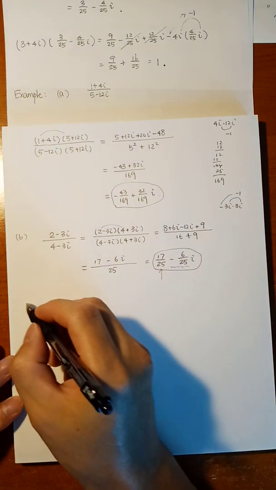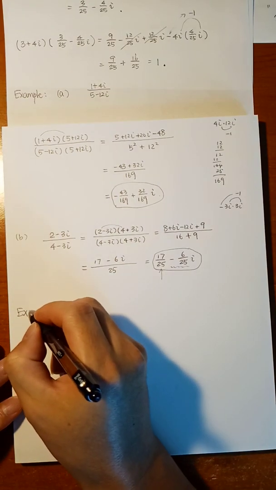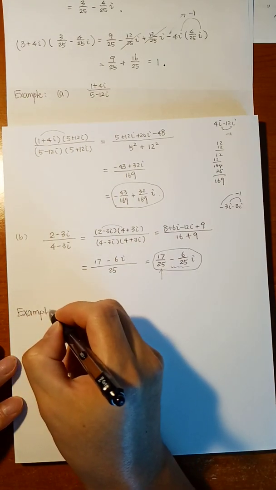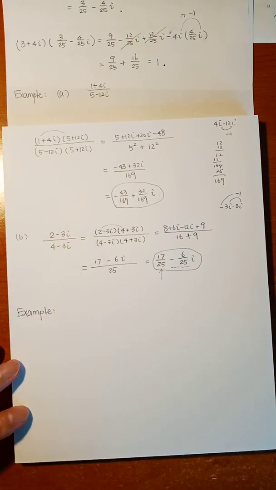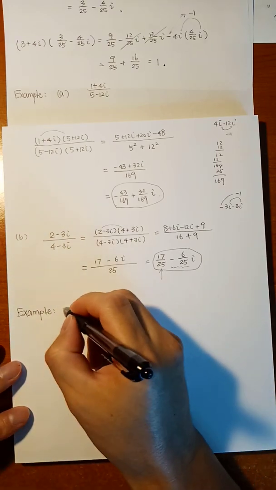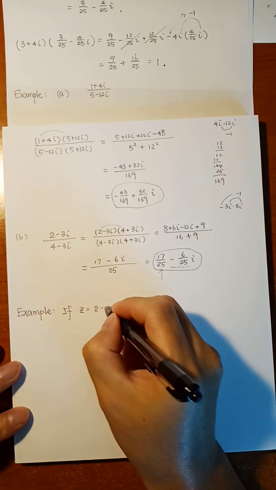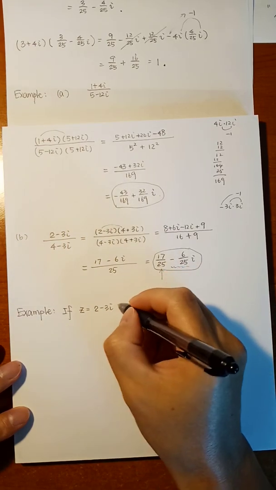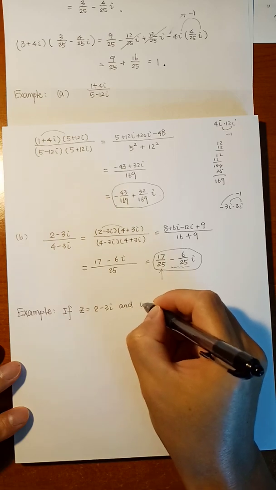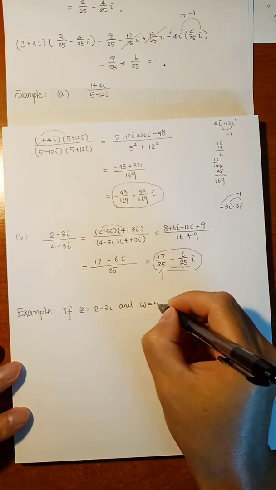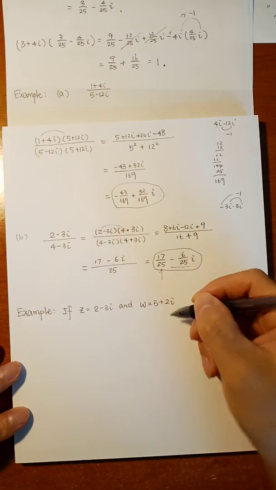Okay? So now let's do more exercise. If z is 2 minus 3i and w is 5 plus 2i.